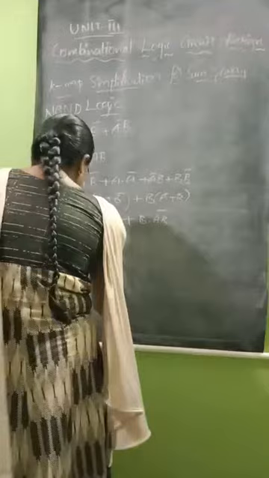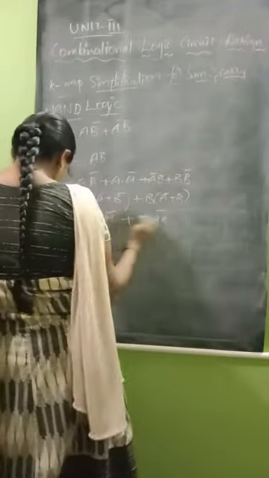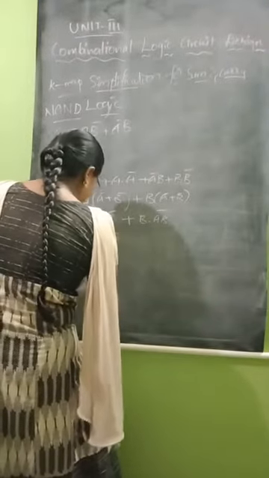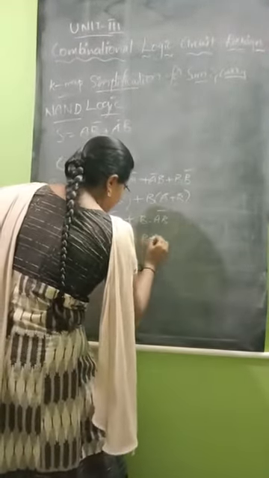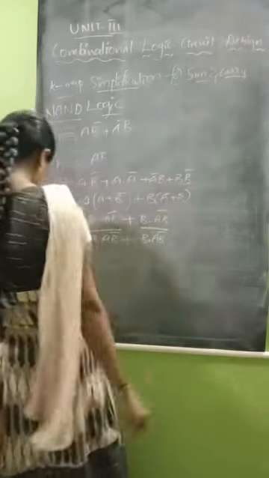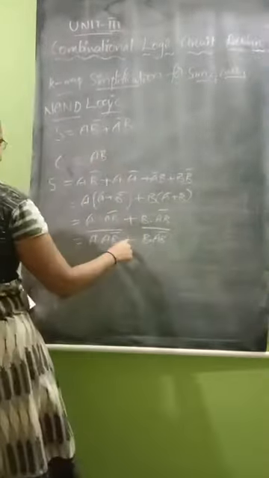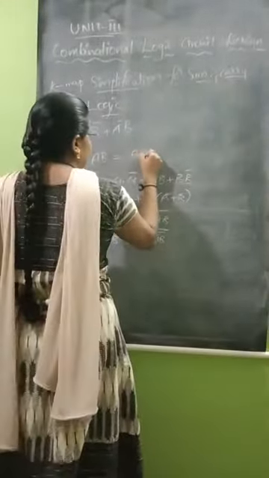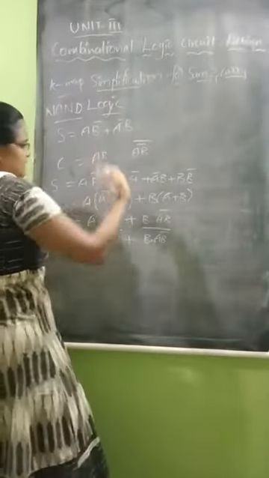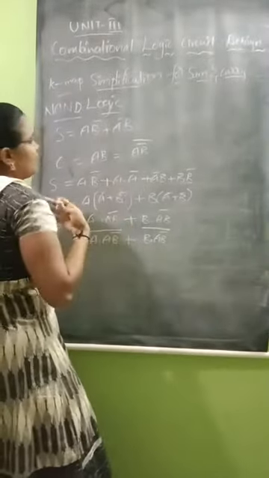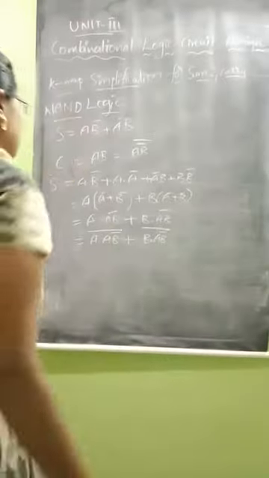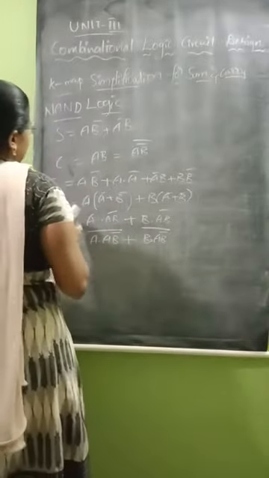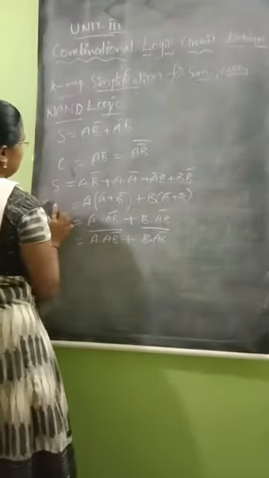Similarly, applying De Morgan's law, A into A B bar whole bar plus B into A B bar whole bar. Okay, so this is the sum. And carry is also AB double bar. Based on this we can design the logical circuit by using the NAND logic.